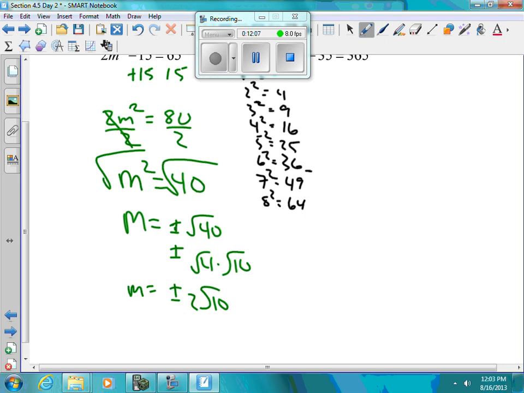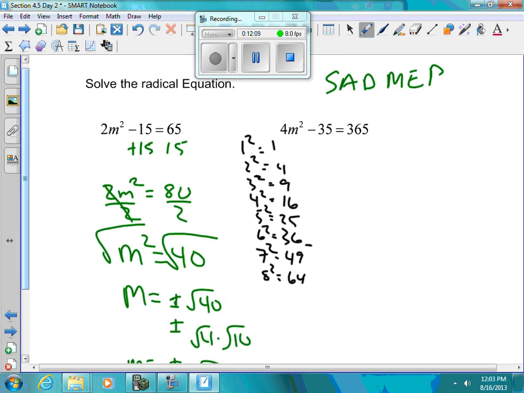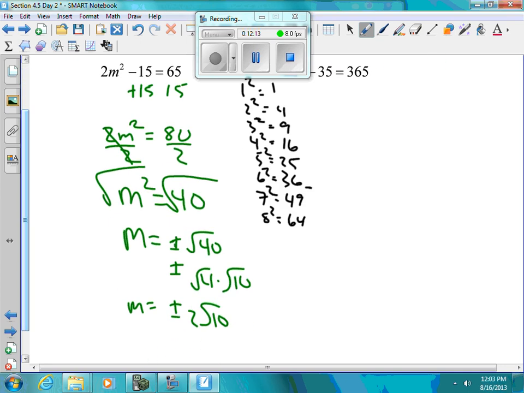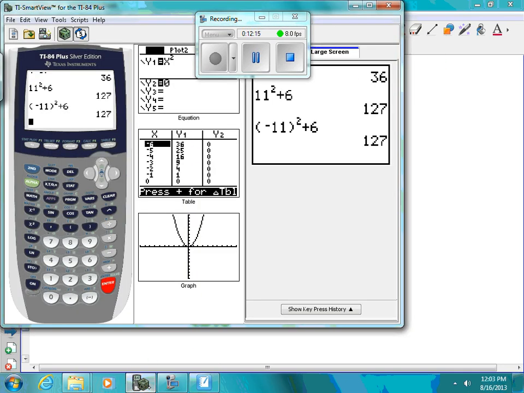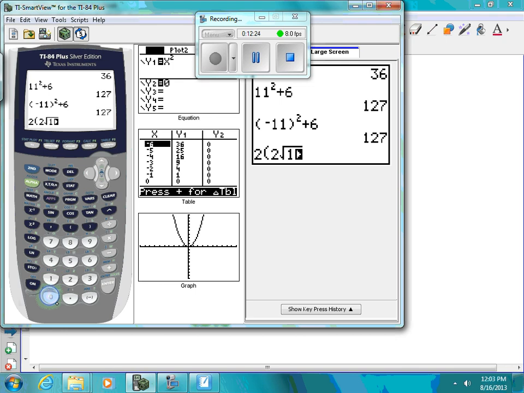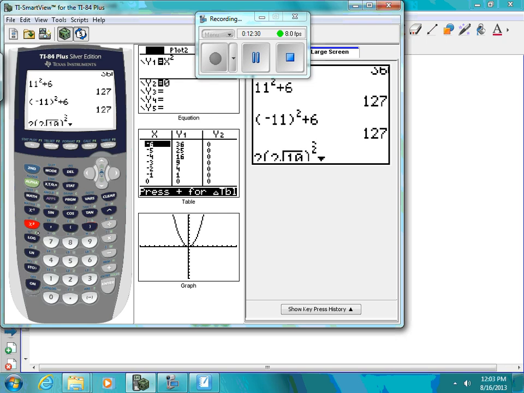Check and see if it works. Plug it back into the original equation. You can do it. I will show you how to do it, at least with one of the solutions. To plug it in here, we have 2 times, instead of m, we're going to put 2 square roots of 10. See, I can plug it in just like that. If I put it in parentheses, we're good. Squared, I got to square it though.